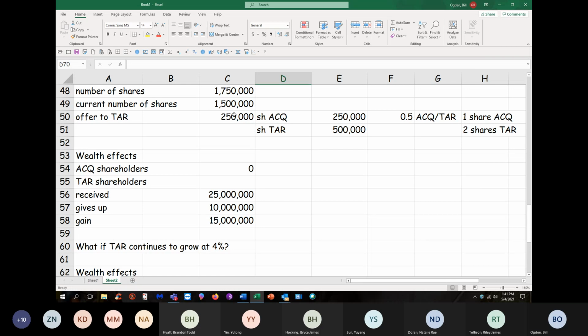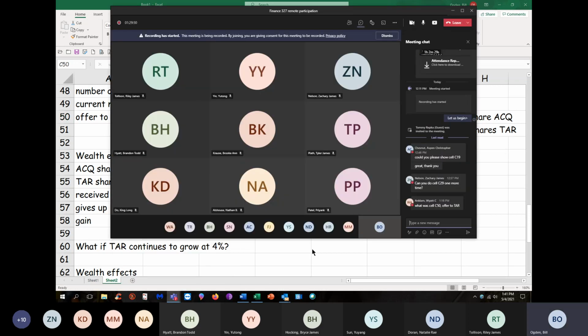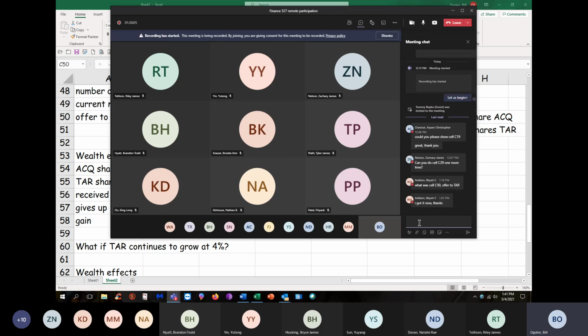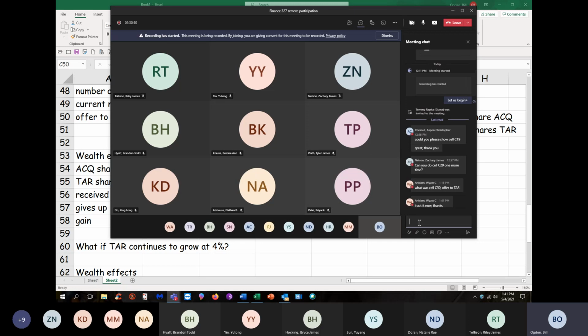Yes, but it's the number of shares. It's not the dollar offer. It's the number of shares. Yes, that's the number of shares to TAR. Okay, try it again. Oh, you got it. Okay, sounds good. Very good. It was the number of shares offered, not the dollar amount.